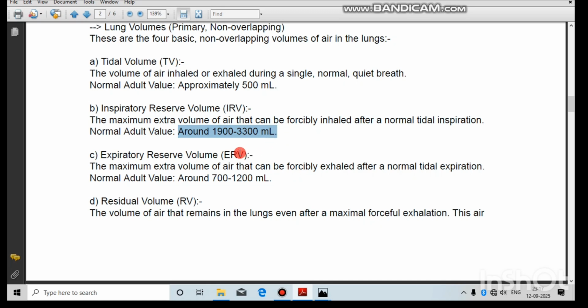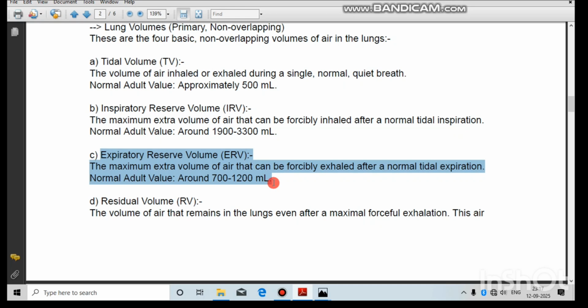The third type is expiratory reserve volume: the maximum extra volume of air that can be forcibly exhaled after a normal tidal expiration. See here, guys, if I'm breathing out normally, that is a normal thing, right?